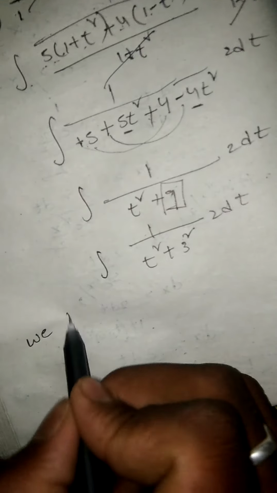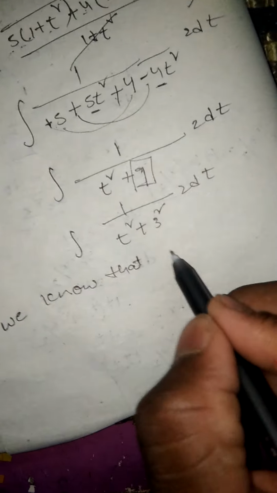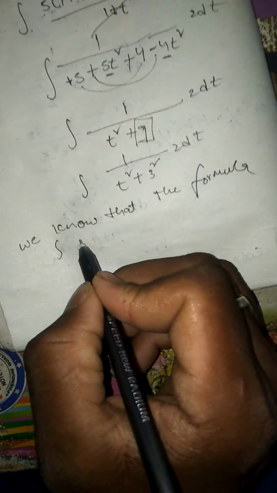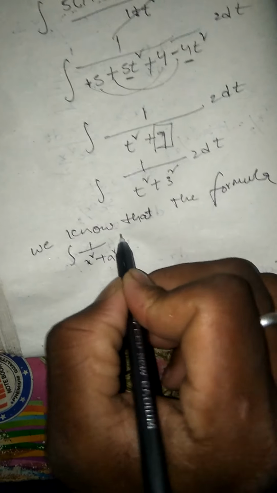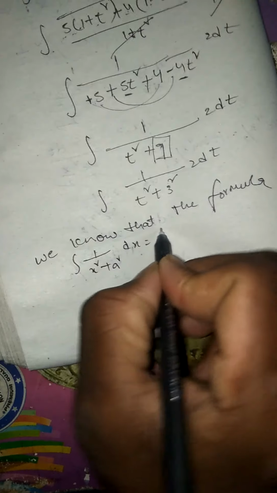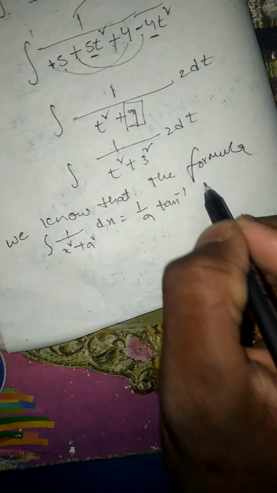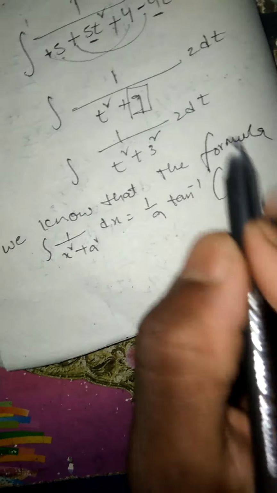We know the formula: integral 1 by x square plus a square dx is equals to 1 by a into tan inverse x by a plus c.